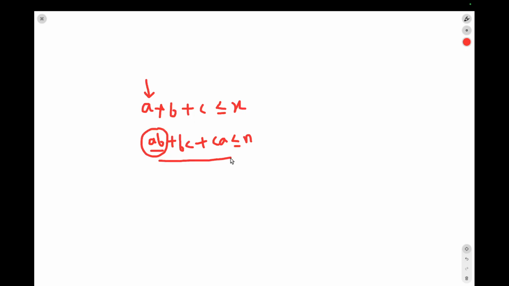So I have taken such b that a times b is less than or equal to n. If b is somehow greater than that, that means ab is greater than n, so the whole left hand side is greater than n. That will not satisfy our condition.